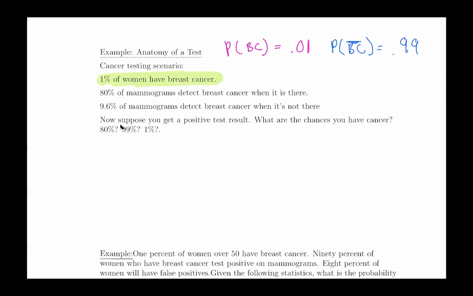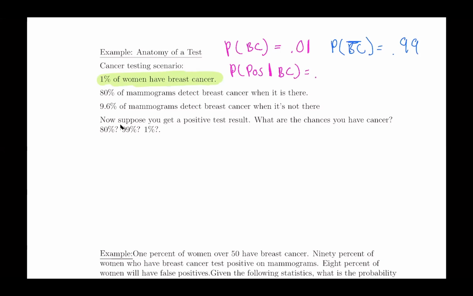So let's do the 80%. It says 80% of mammograms detect breast cancer when it is there. So that's telling me the probability you get a positive test result given that you have breast cancer.